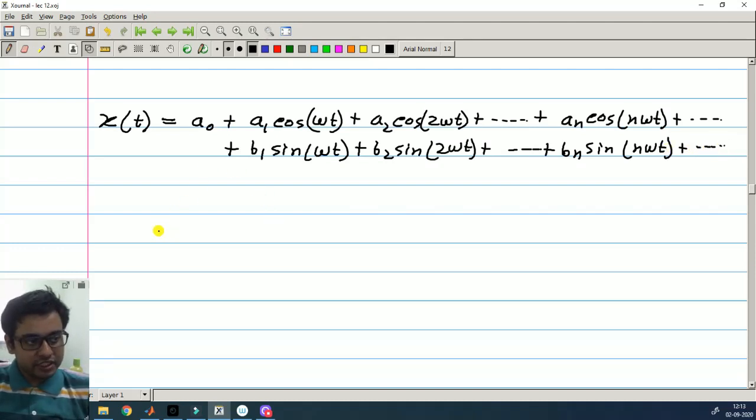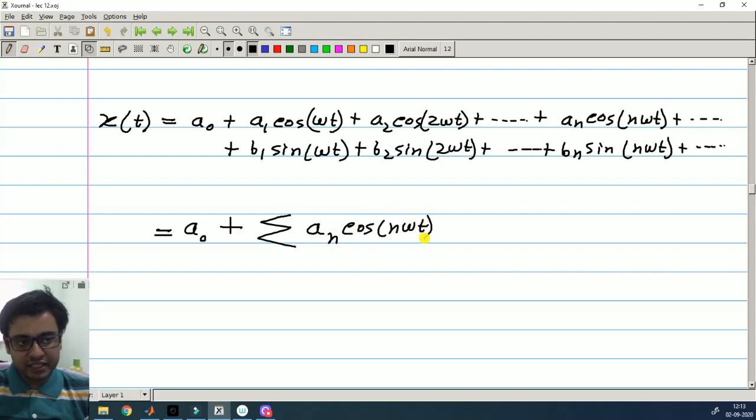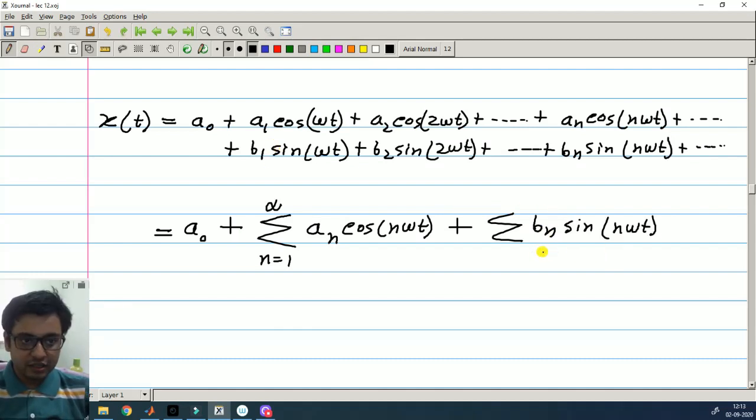Now sometimes it is easier to write this in this form: a0 plus summation over an cosine n omega t, n running from 1 to infinity, plus summation over bn sine n omega t summed over n equal to 1 to infinity.